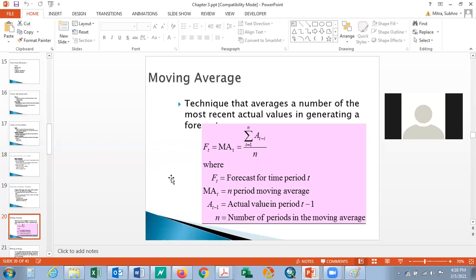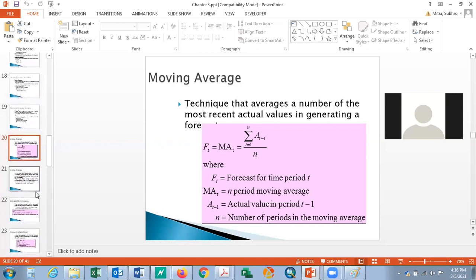This is called a 3-period moving average. You can have a 4-period moving average, whatever. It is basically an average of a few actual data. Once you sum them up and average it, that becomes the forecast for the next period.